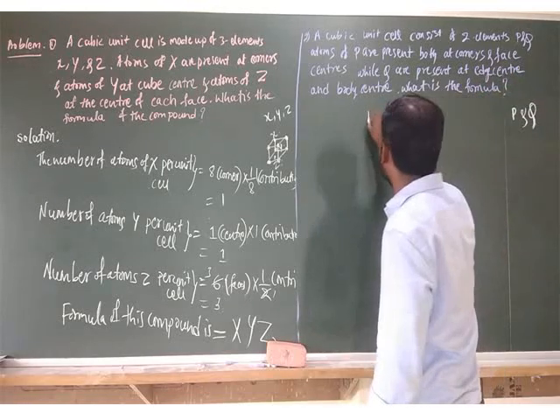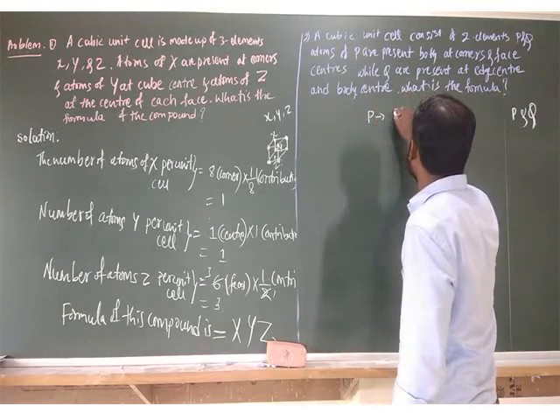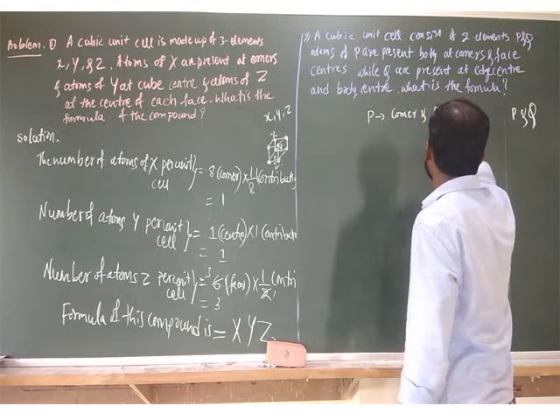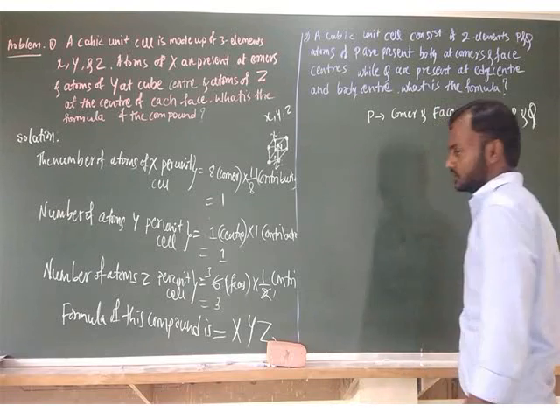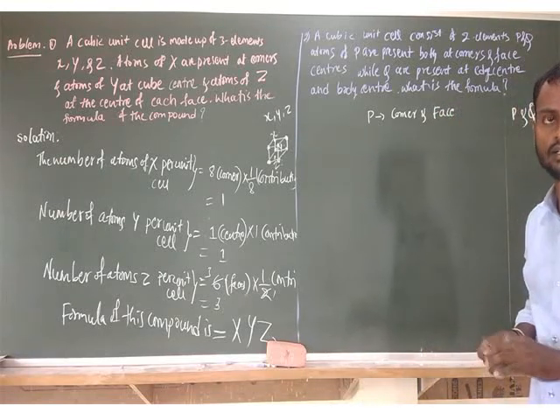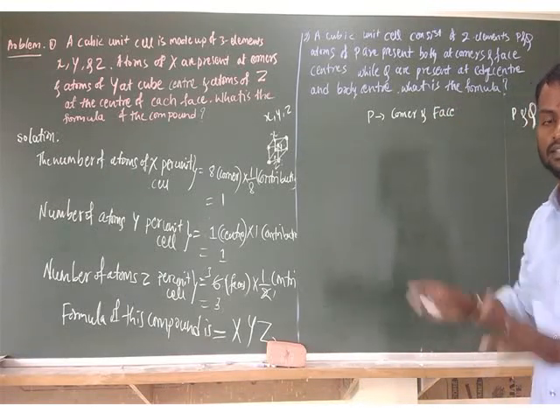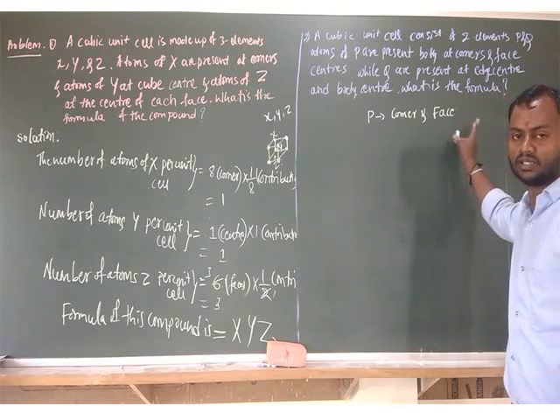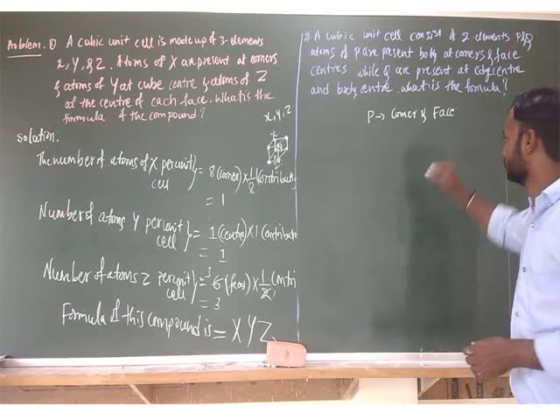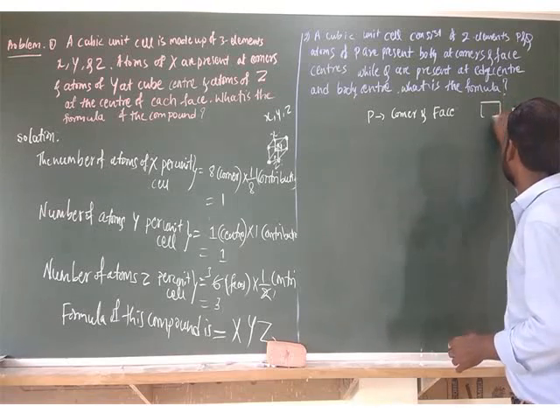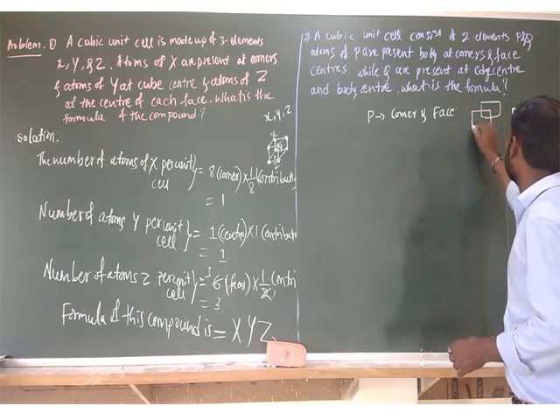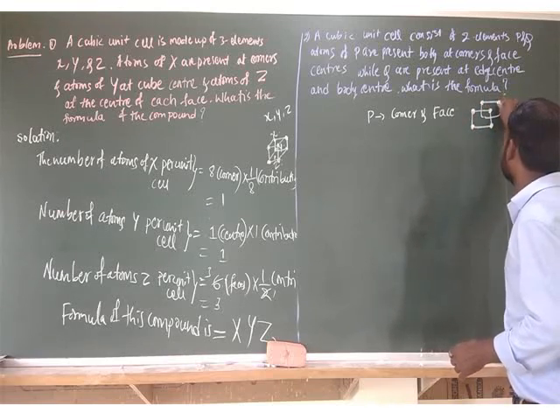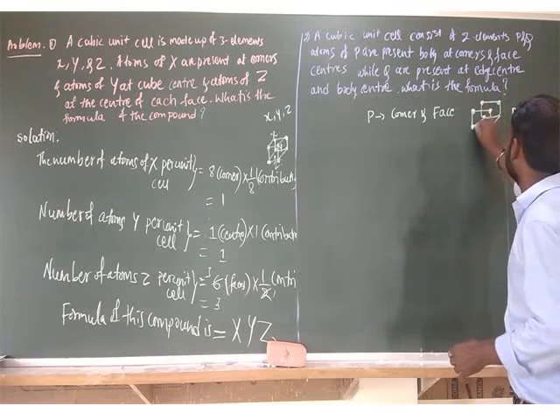So in the cubic unit cell or crystal lattice, there are 2 types of atoms. One is the P atoms and another one is the Q atoms. This cubic lattice has body centered as well as corner particles present in a unit cell.